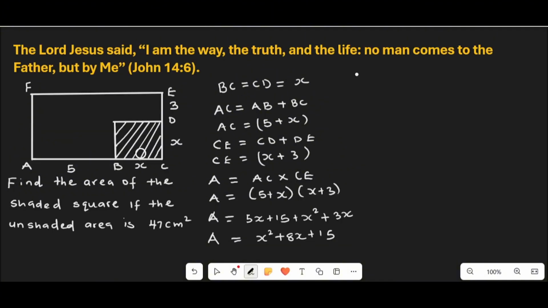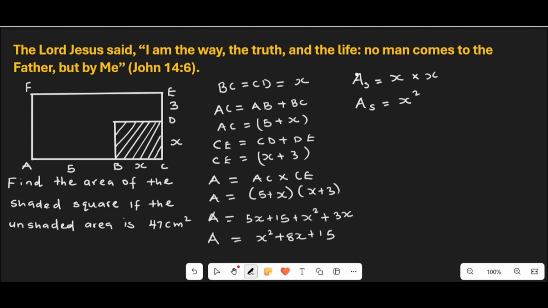Let's find the area of the square, which is BC multiplied by CD, and let us denote it by A sub x equal to x times x. Area of our square equal to x squared, and the area of our rectangle will be the summation of the area of the shaded region and the unshaded region.